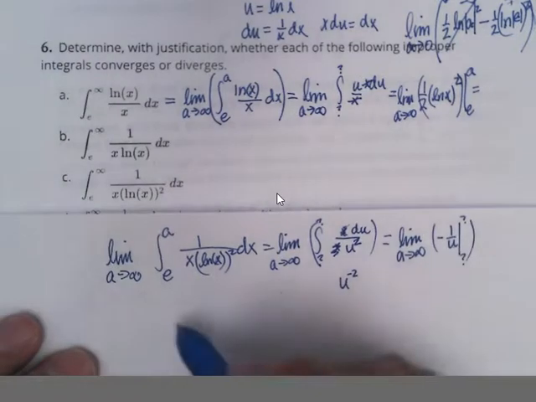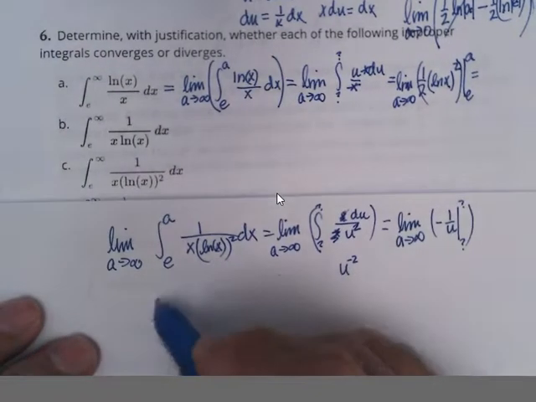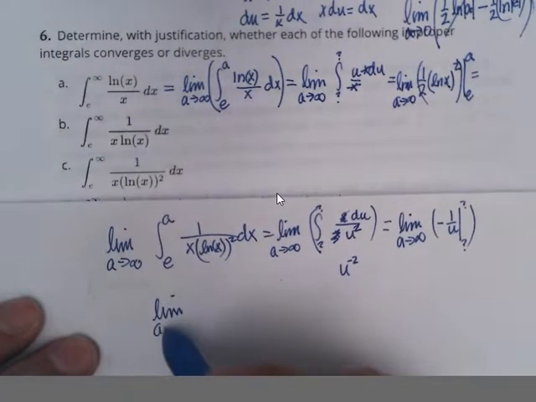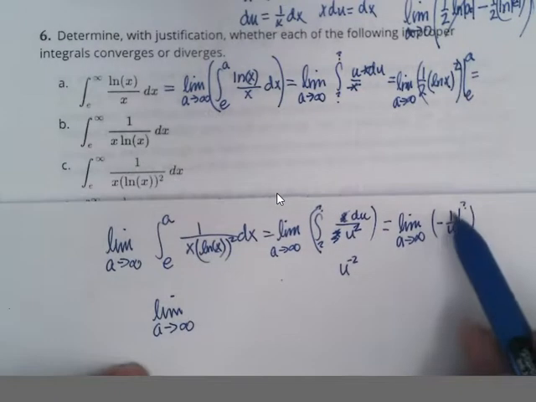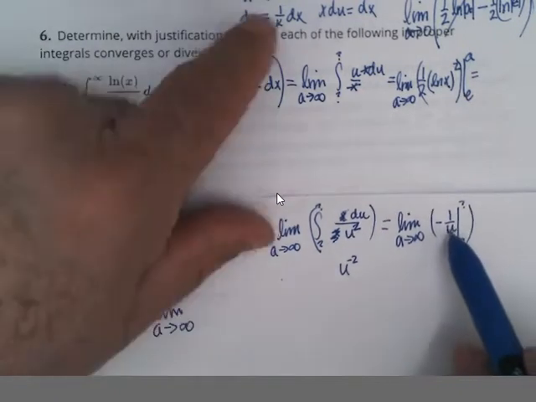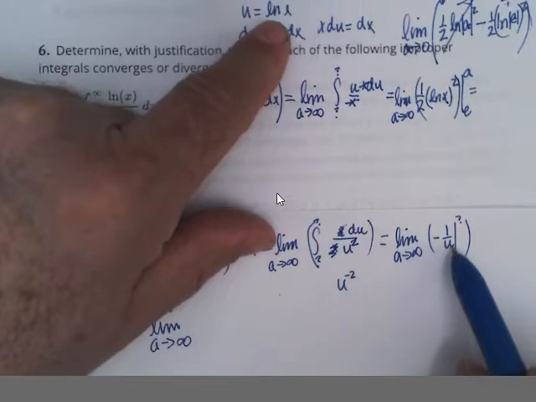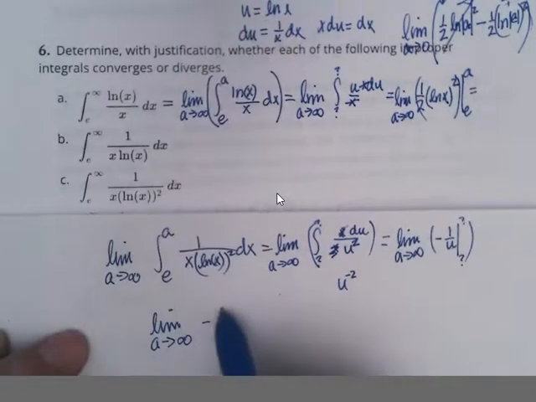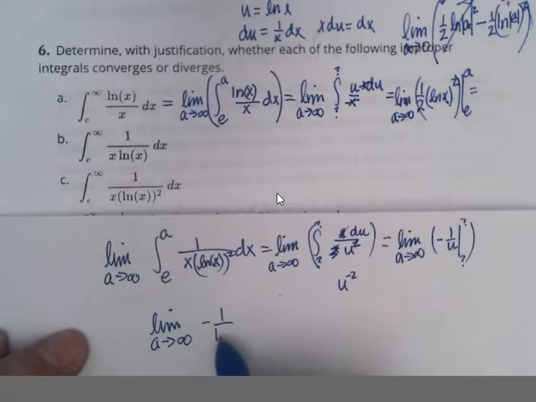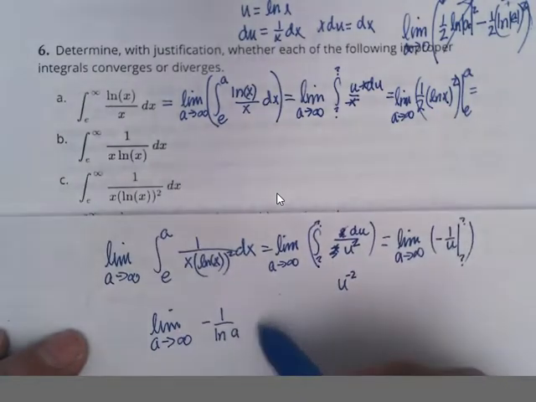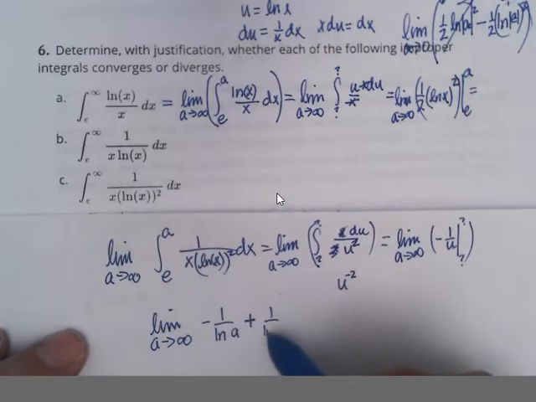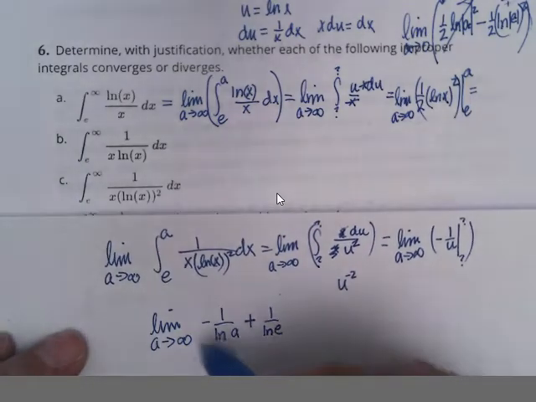So it becomes the limit as a approaches infinity of, this is 1 over u, which is ln x, so minus 1 over ln of x, putting in the old limits, a minus, minus, so plus 1 over ln of e.